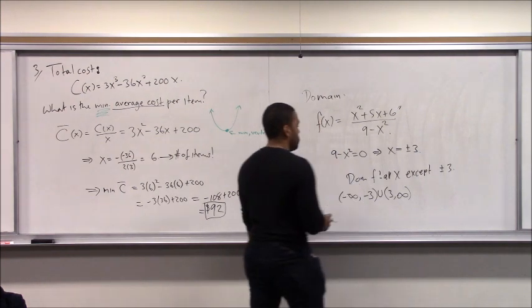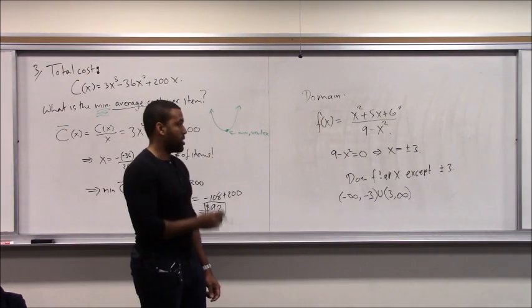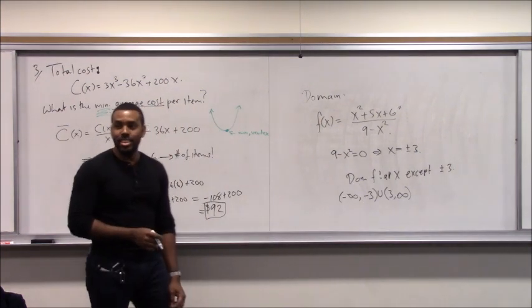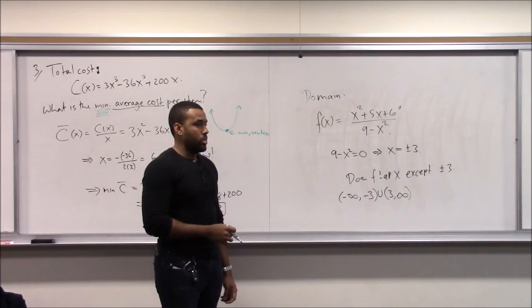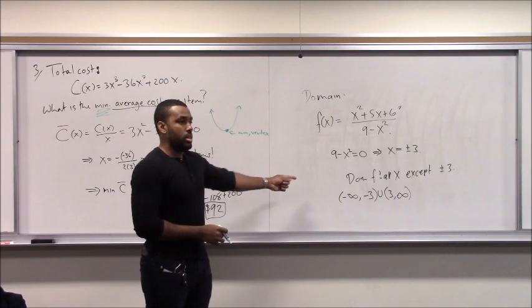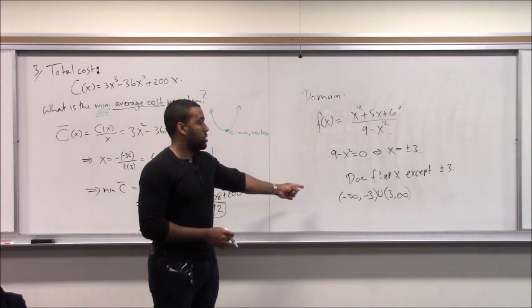So if you wrote that, was it correct too, or no? No, that's not correct. It's not a bracket, it's a parenthesis, because the number is not included. Right. If you wrote it in interval notation and the interval notation was right, did you get the correct answer, or did it matter?